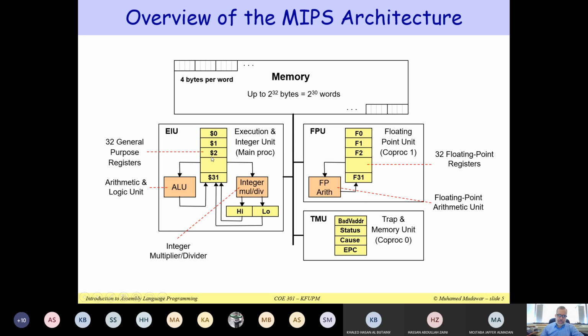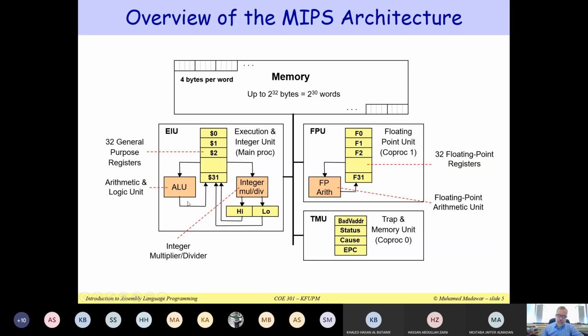Now, these registers store integer data. So this is why it's called an integer unit. So you can use them to store integer values as well as memory addresses. An address itself is like an integer, and you can use it to address memory.